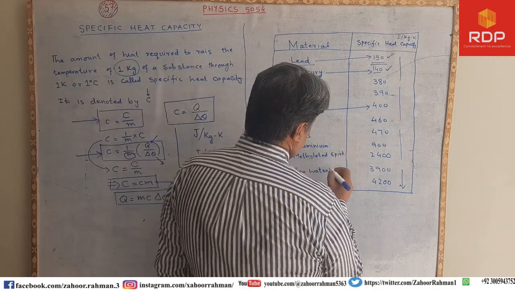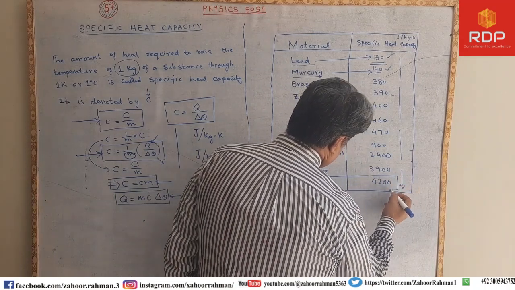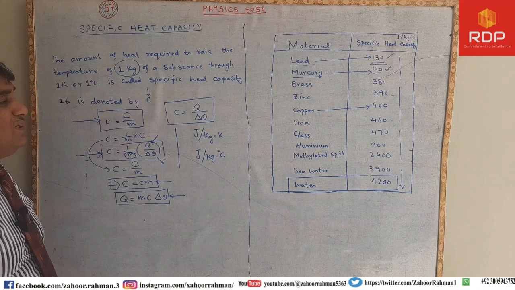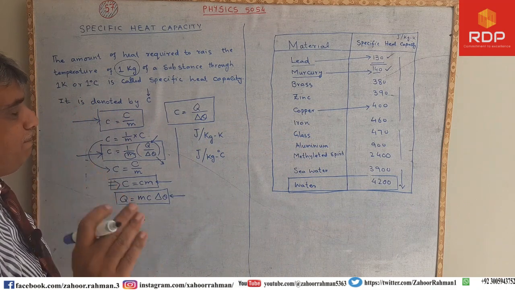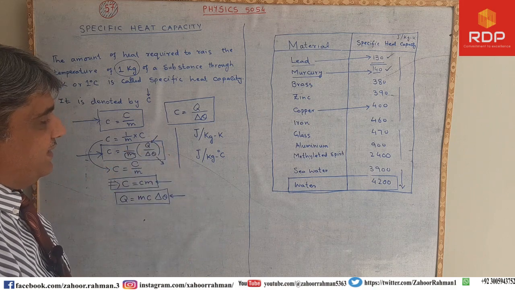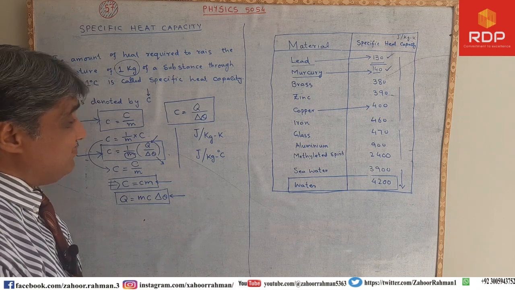So here the very important one is written at the last. We will use this 4200 joule per kilogram per Kelvin in many of the numerical questions.